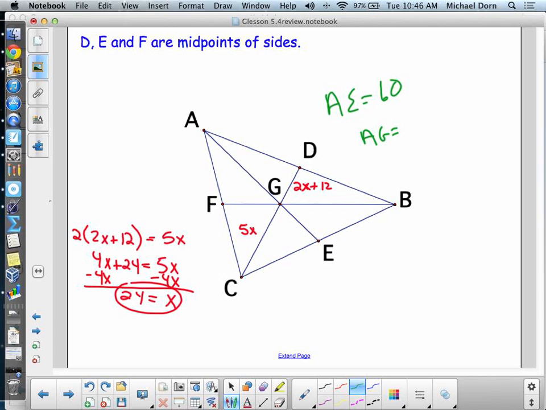So I divide that by 3, which would be 20. Which part gets 20 and which one gets 40? AG gets the 40 and the other gets 20, because that's how it divides proportionally.